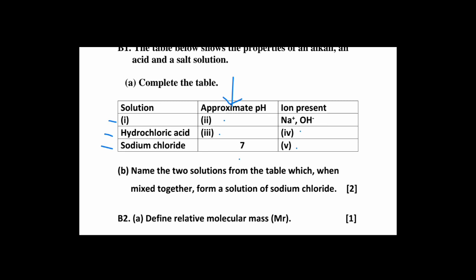Here they have given you the ion present. The ion present in this solution which is not given, we have sodium ion and hydroxide ion, and this is definitely an alkali. Therefore, the name of the solution is just the matter of combining the two ions, which will give us sodium hydroxide. So we are going to say sodium hydroxide is the answer.